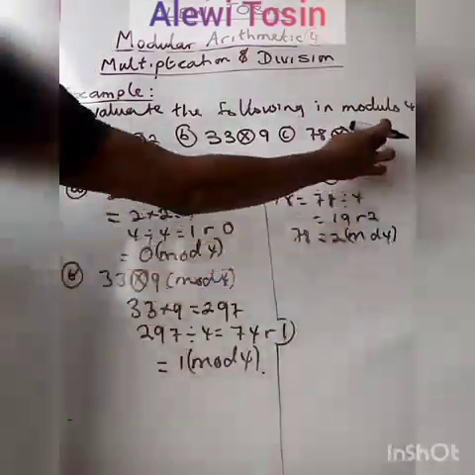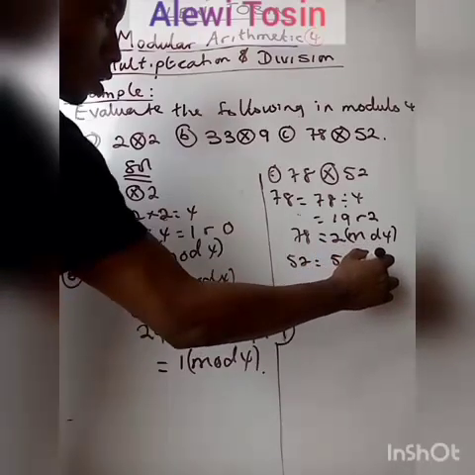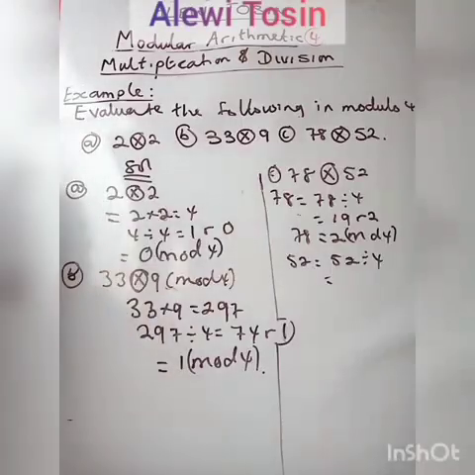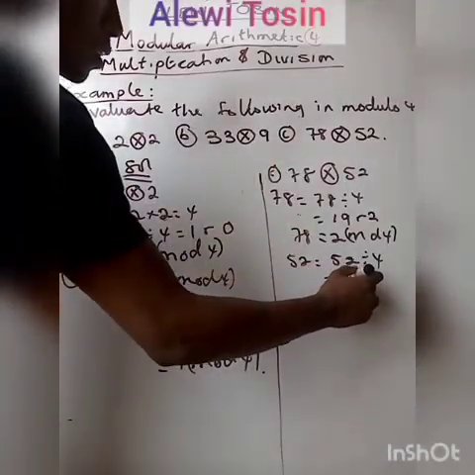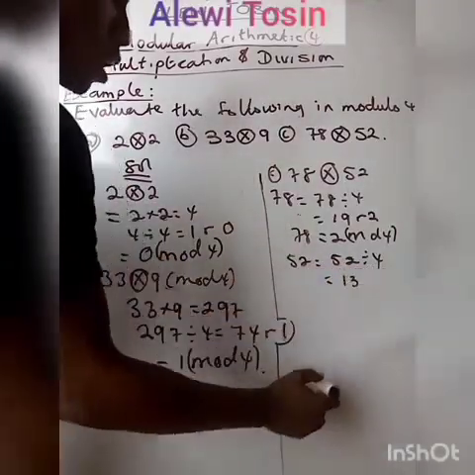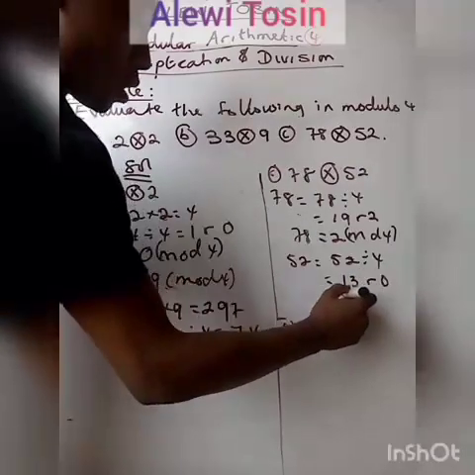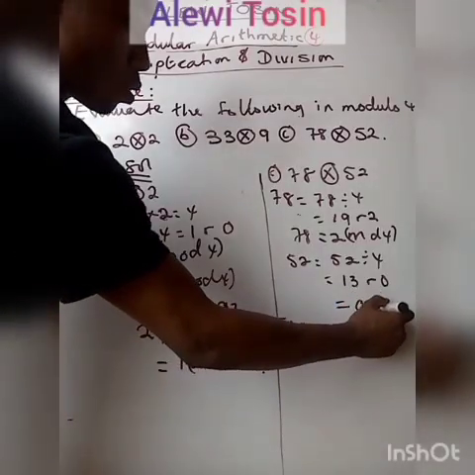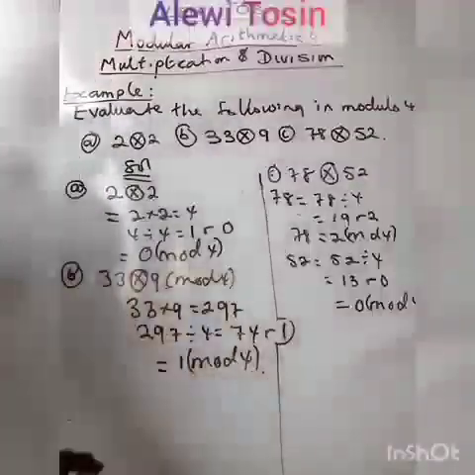We do the same thing for 52. 52 divided by 4 gives us 13 remainder 0. That means the answer will be 0 mod 4.